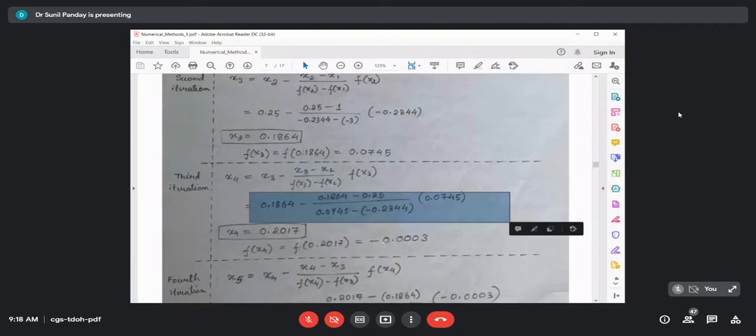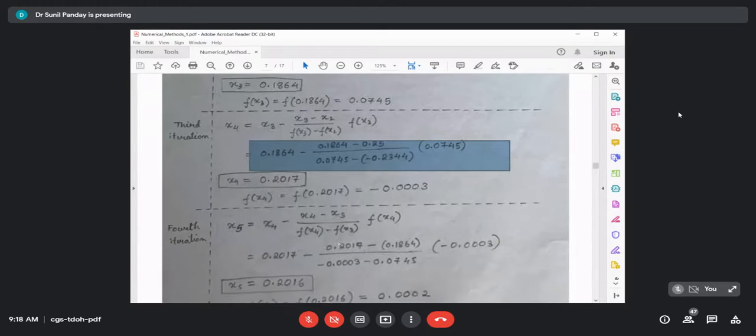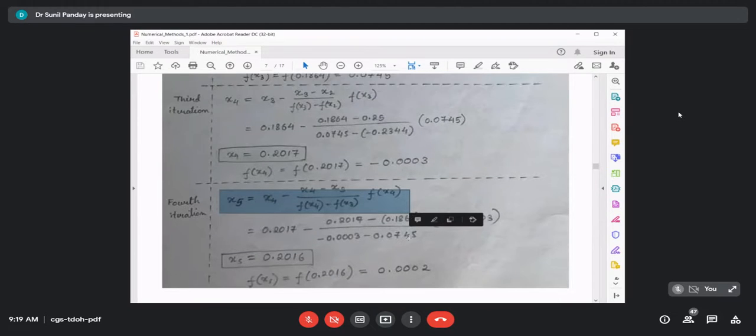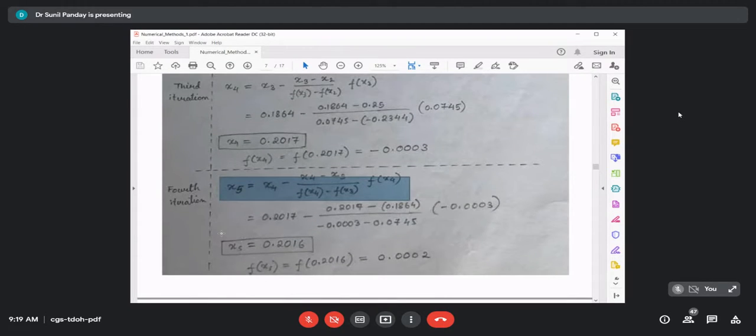We substitute all these values here and calculate x4, and we get the value of f of x4. Similarly we calculate x5 by replacing k by 4 in the secant method formula, and finally we can see that we are getting x5.